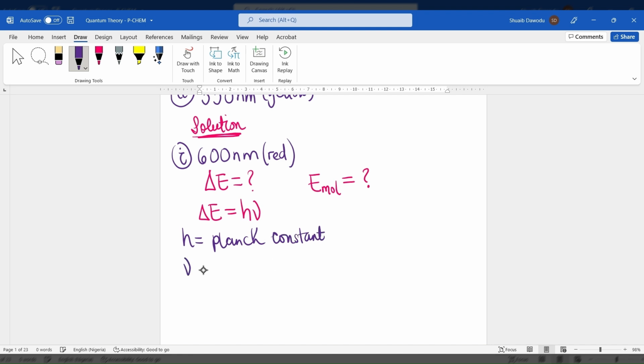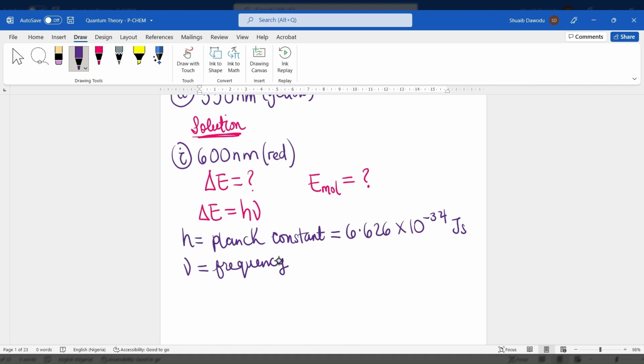And this nu, what looks like a v with a curve on top, is the frequency. Planck's constant is a constant, so it has a fixed value, which is 6.626 times 10 to the power of negative 34 joule seconds.